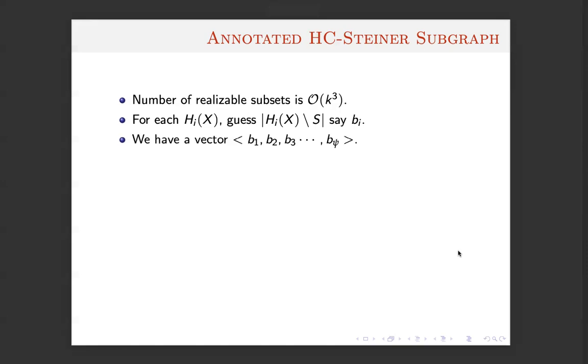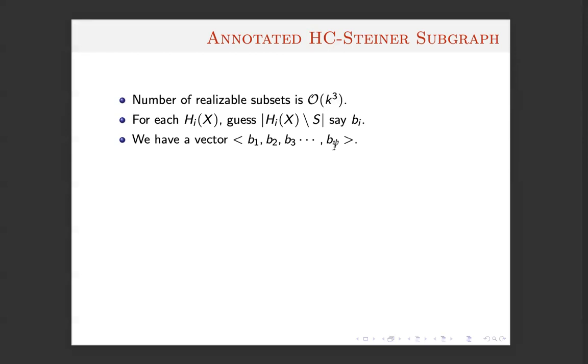After guessing all the bi's, we have the vector b1 through b psi, and as we have bounded psi by k cube, first we will guess which positions are contributing in this total vector. There can be at most k many vertices outside, so there can be k positions where we have values greater than 0.